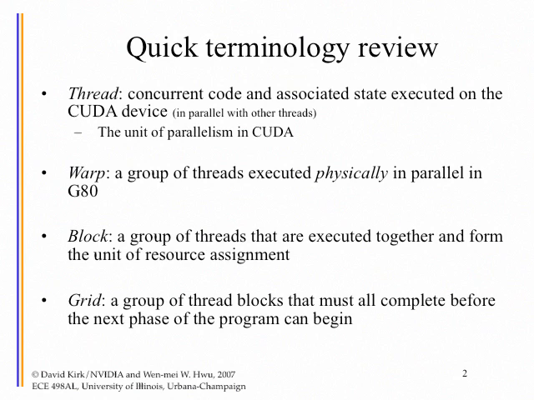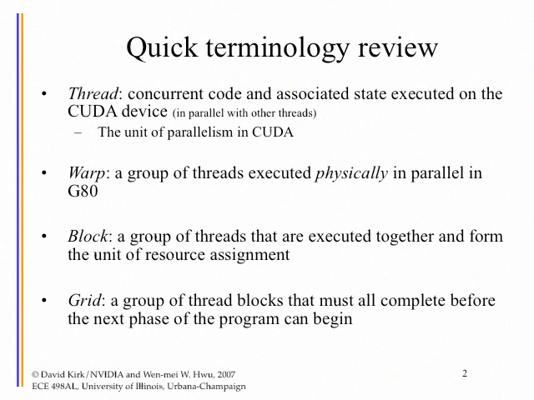And so it is the unit of parallelism on CUDA, and there's really a difference between CPU and GPU in the sense that the GPU threads are very, very low cost. And they also have this relationship in terms of warp in the G80 implementation. That is a group of threads that execute physically in parallel. And that's a 32-thread unit. And we're going to actually focus a lot on that 32 unit today.